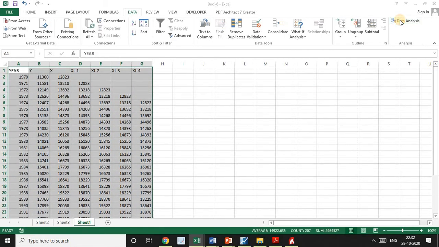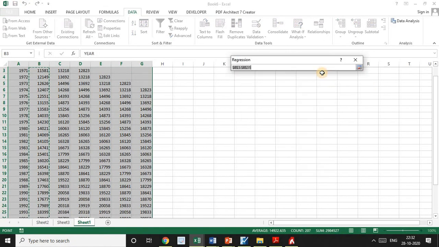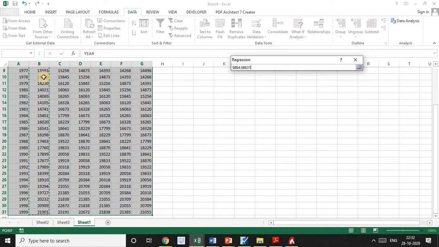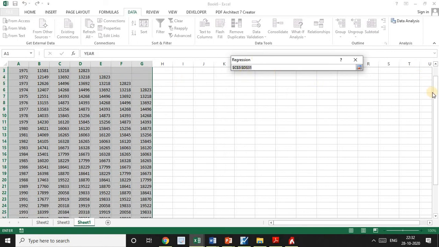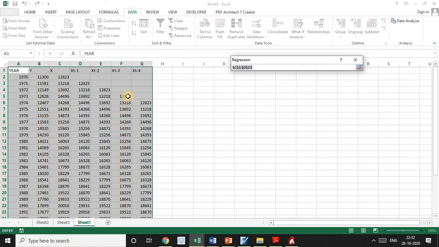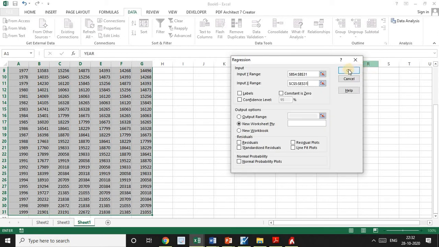Okay, go to data, regression. Here I am taking these values.